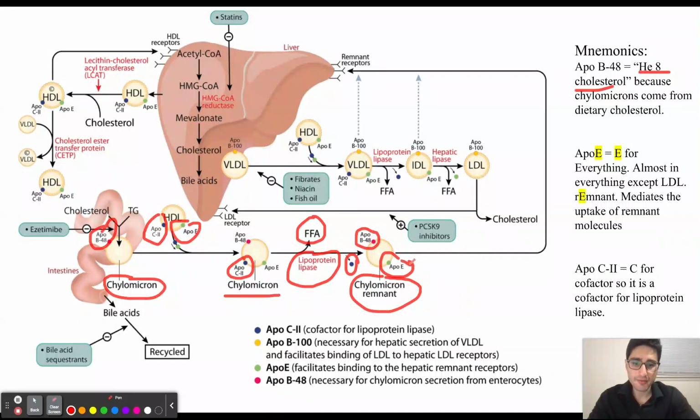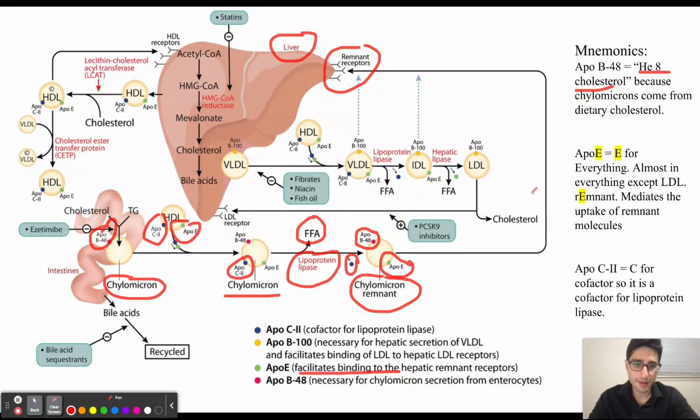Now the function of ApoE is to facilitate the binding of the chylomicron remnant to the hepatic remnant receptors, as you can see here. So it is basically going to function to uptake the chylomicron remnant into the liver.